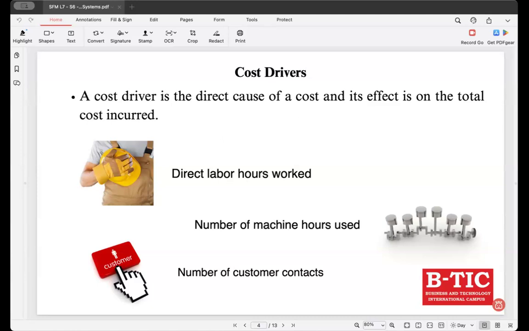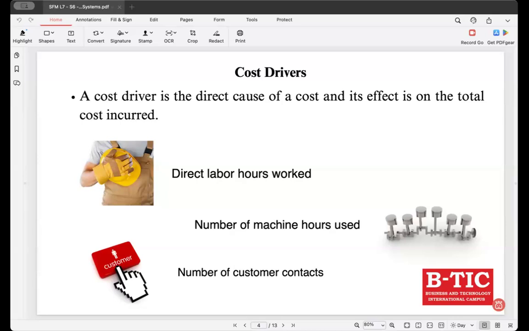Then I can give you another example. Say in a production or manufacturing department, you see how many products are produced by the company. Let's just focus on the manufacturing department.